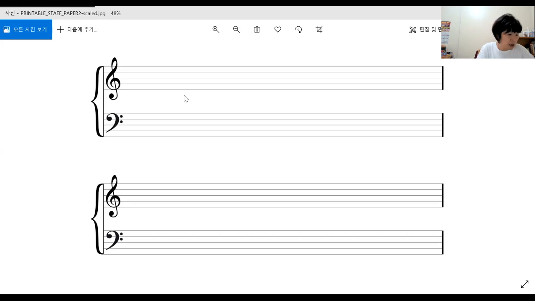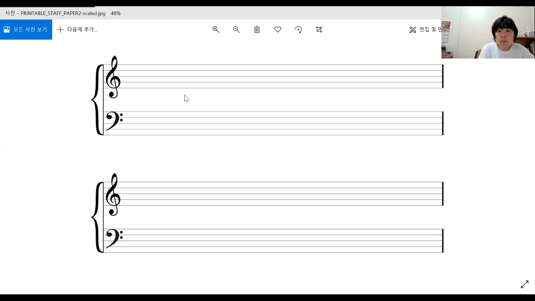So in the major scale, I'm not going to draw the whole scales, but just let me give you a brief pattern here. In the major scale, the first one is major, second minor, third minor.